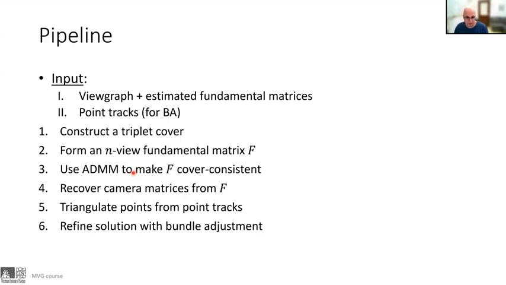So the graph will not be complete, of course, and you don't need it to be complete. So in the n-view matrix you will have missing data, which means zero, so we ignore them. We don't select triangles with unknown data.